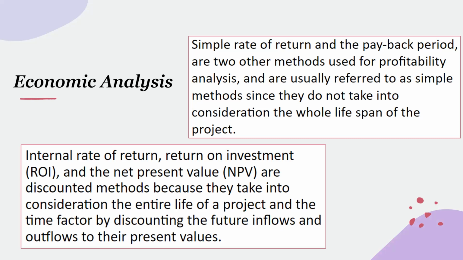So the internal rate of return, return on investment, and the net present value are discounted methods because they take into consideration the entire life cycle of the project. So they have some sense for the inflation rates as well.